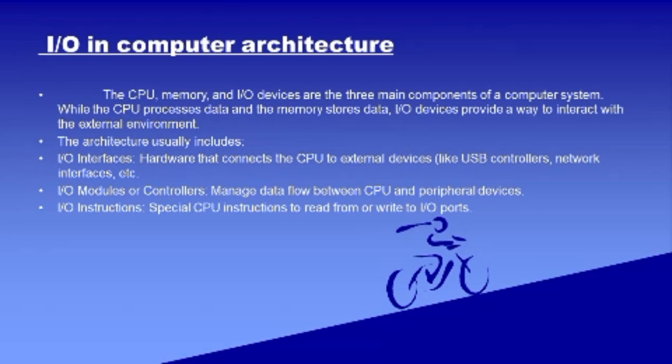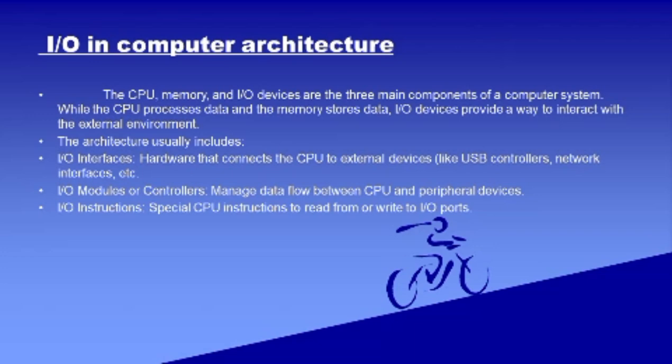The CPU, the memory, and input or output devices are the three main components of a computer system. The CPU processes data and the memory stores data.